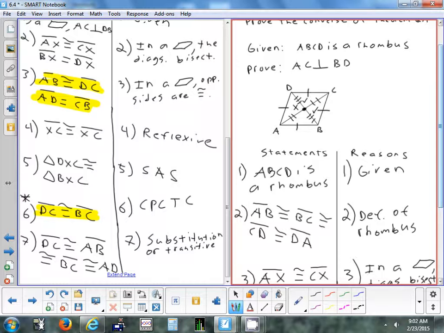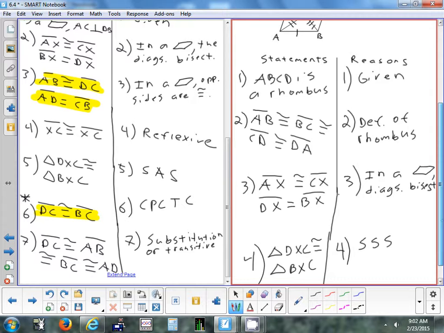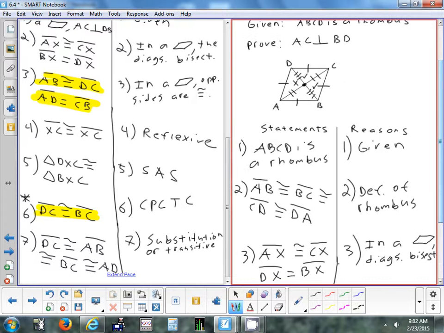Okay, now my goal here, remember, is to prove something about those 2 segments, those 2 diagonals being perpendicular. What do you know about angle DXC and BXC? We know something about them now. Yeah? 90s.